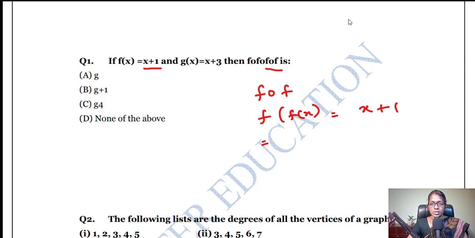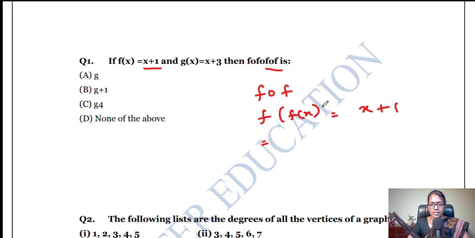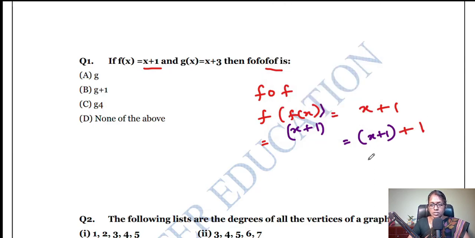This f of x value, x plus 1, will be considered as x. Now you have to assign this x inside f of x. So this x is x plus 1, and the 1 stays as it is, so it becomes x plus 2.